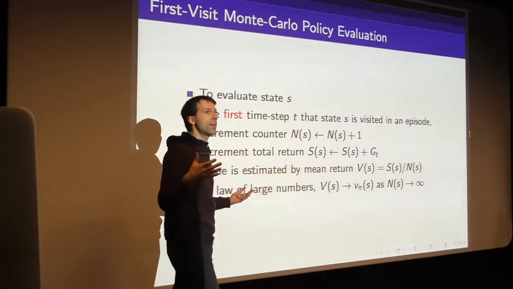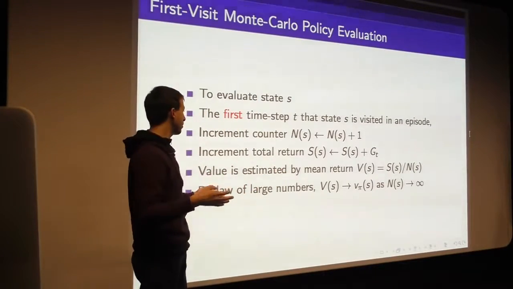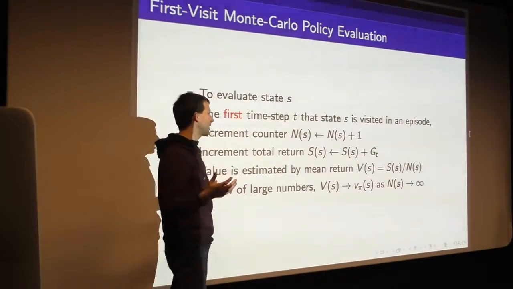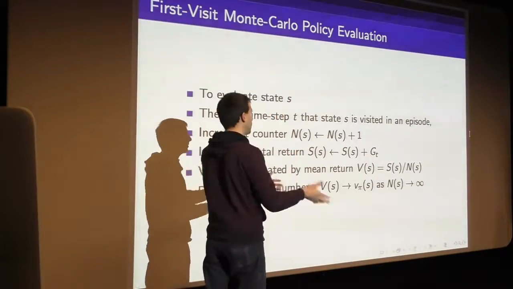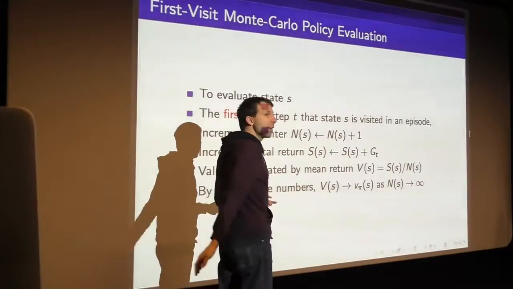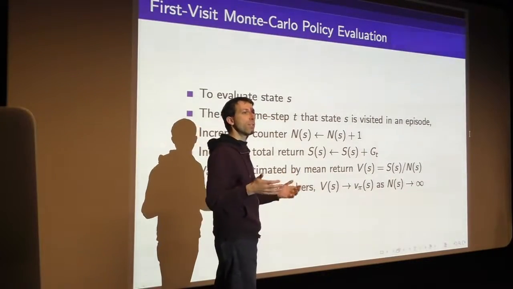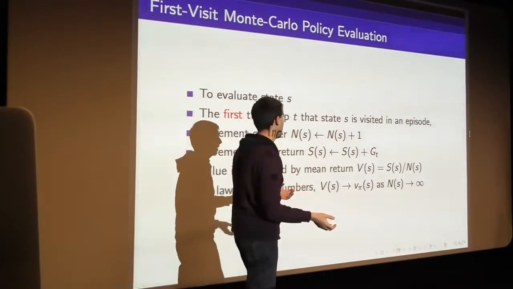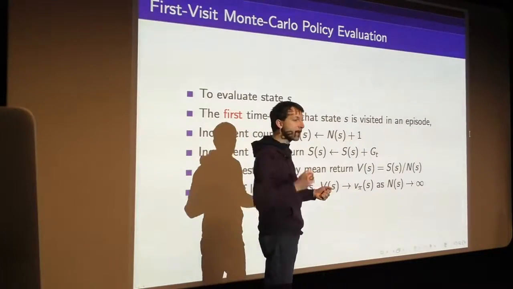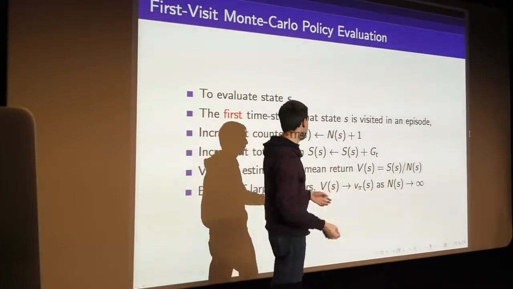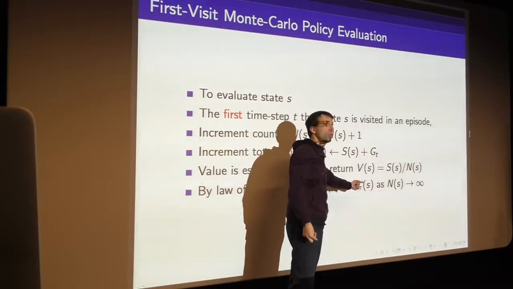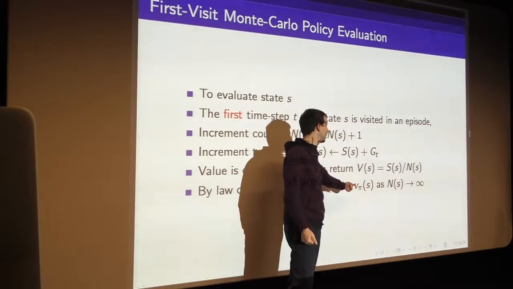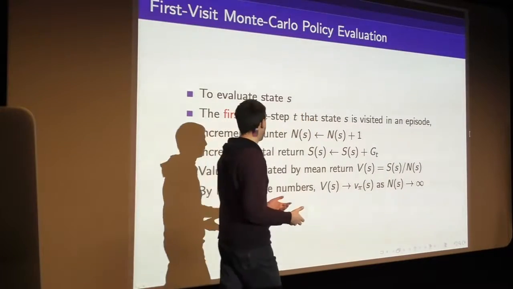And all we're going to use is a very simple mathematical result, which is the law of large numbers, which basically says that when you take a mean of a bunch of IID random variables, that mean does approach the true expectation. So that tells us that if we randomly sample enough episodes, this very simple idea of Monte Carlo learning really will converge on the true value function for our policy as we get more and more samples.